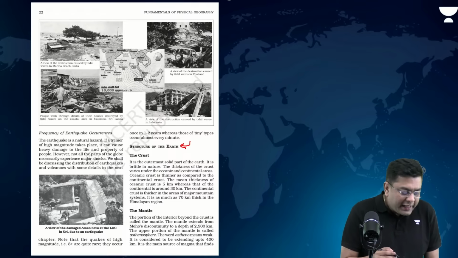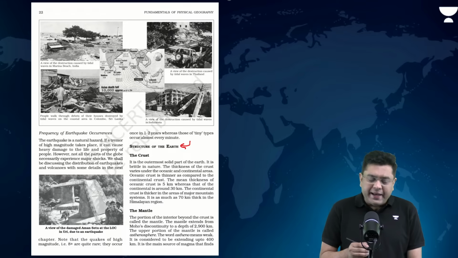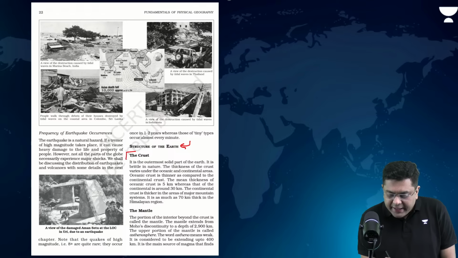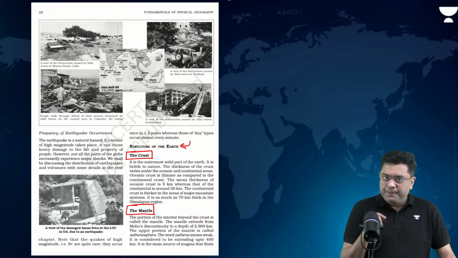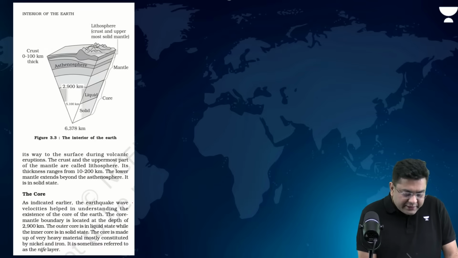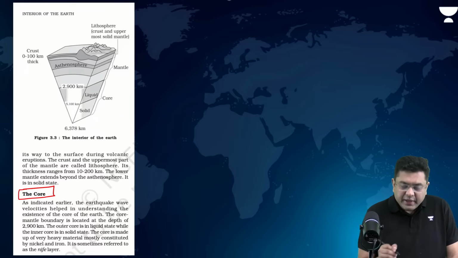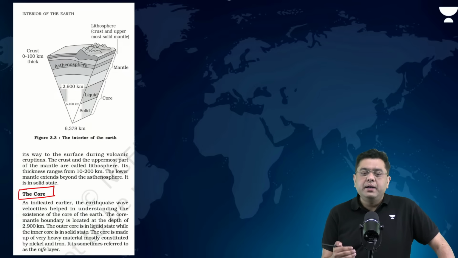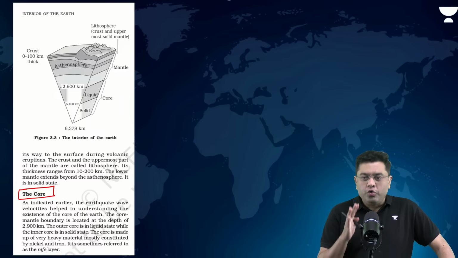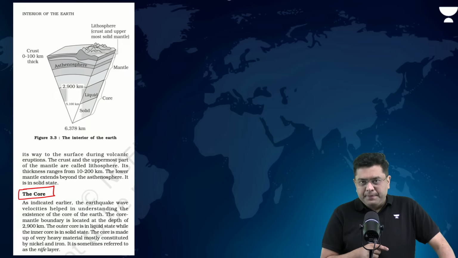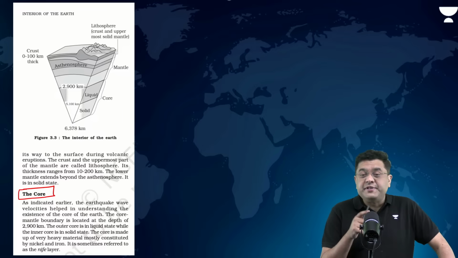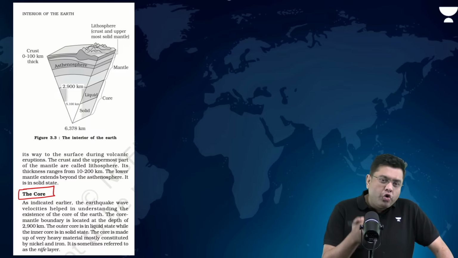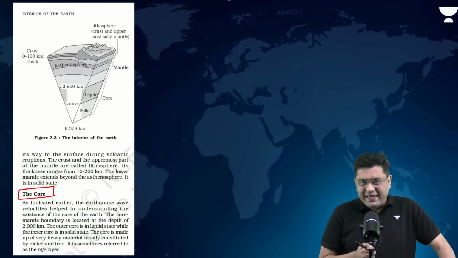Okay. Now, if you take a look at the structure of planet Earth, it is divided into crust, mantle, and the core. Those are your three major divisions: crust, mantle, and core. Now, the crust is the thinnest portion, mantle is substantially thick, and core is in a molten state.